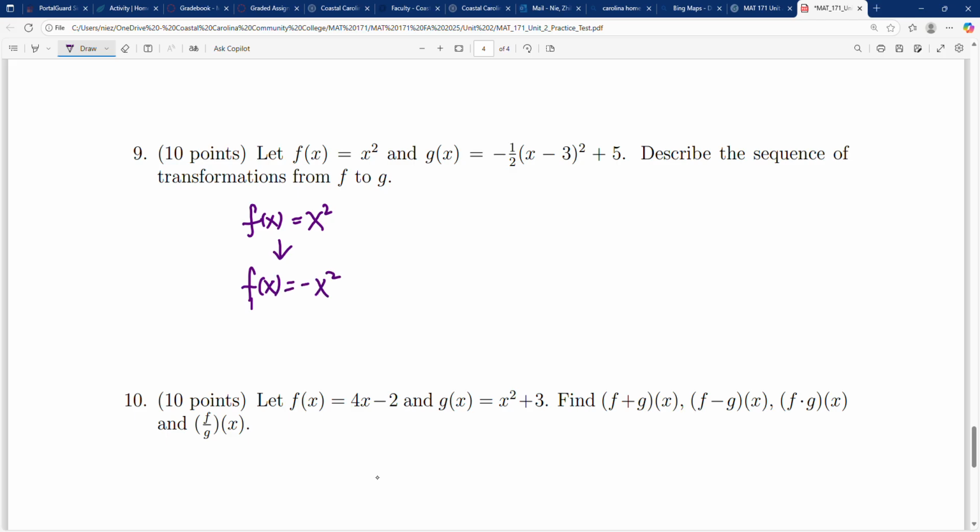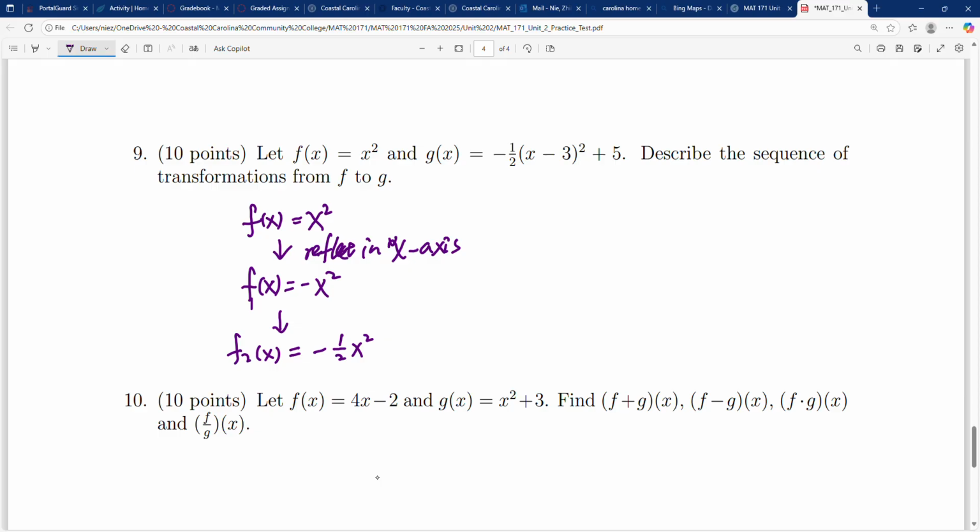So this one, what I'm going to do, you just reflect about the y-axis, sorry, reflecting about the x-axis. And from this one, we can get f2 of x equal to, let's stretch it first, negative 1/2 of x squared.